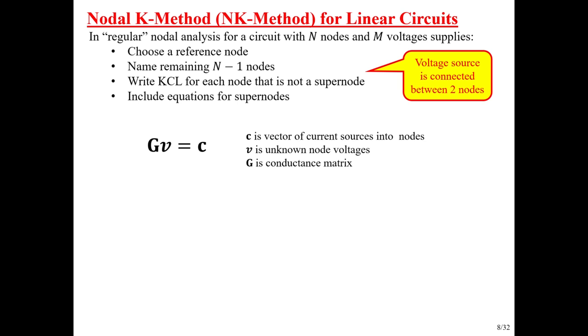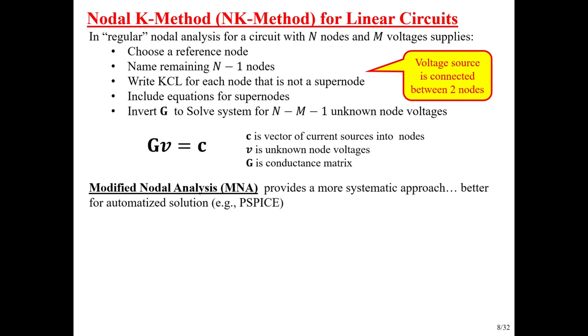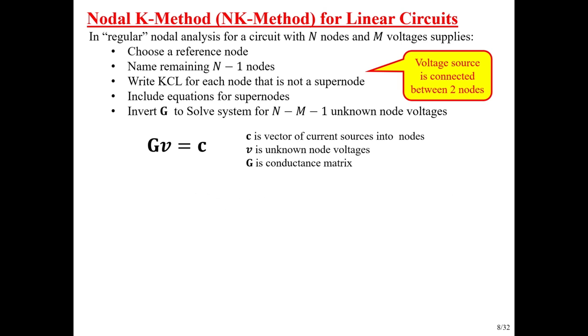For a pure resistive circuit, you handled the supernodes separately, and you would have to invert G to solve the system for these unknown node voltages. So that's how you would solve this. And it ends up being this nice form where you literally have conductances, voltages, and currents.